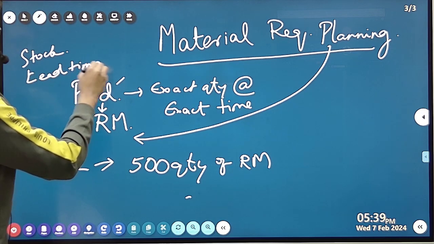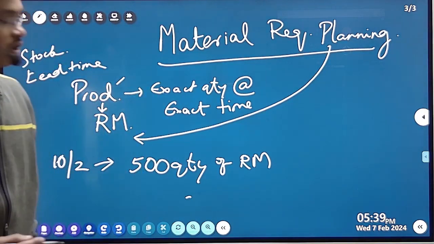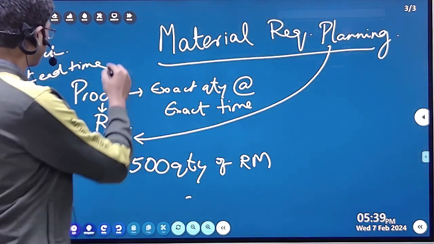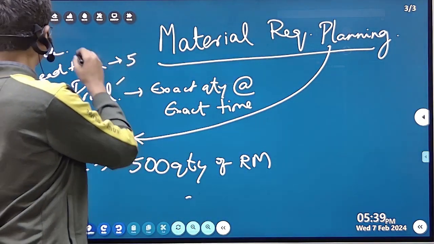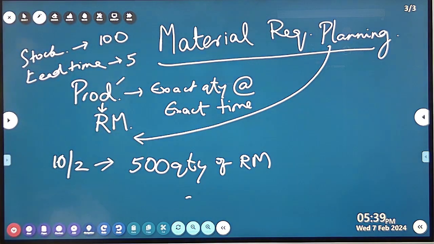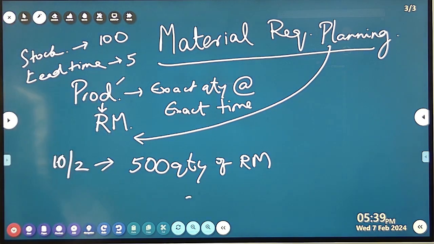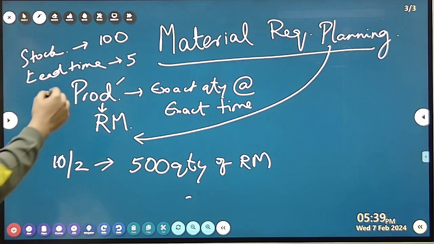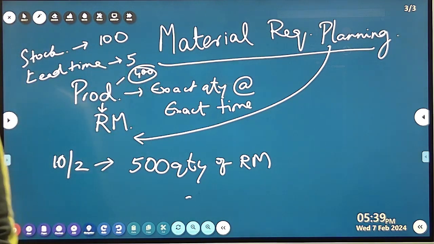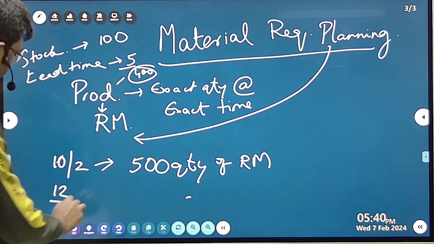Once you place the order today, how many days will you need for the order to reach your store, to your inventory? So suppose the lead time is 5 days and your stock is say 100. So at this point of time, you do not have sufficient quantity to meet your production batch, right? Even if you order the remaining 400 quantity today, today is what, 7th? So it will take 5 days, so it will reach only on the 12th.